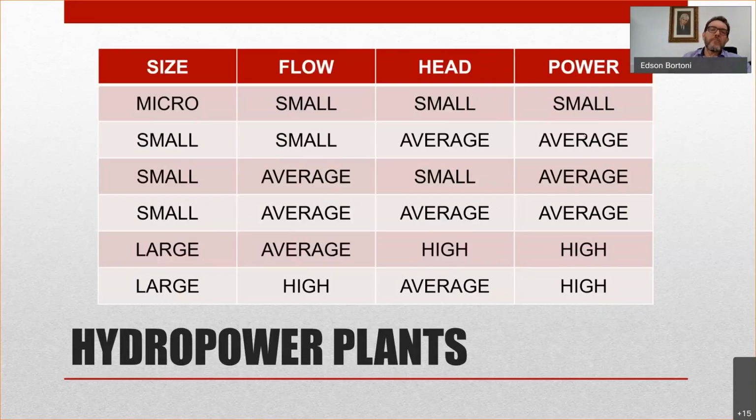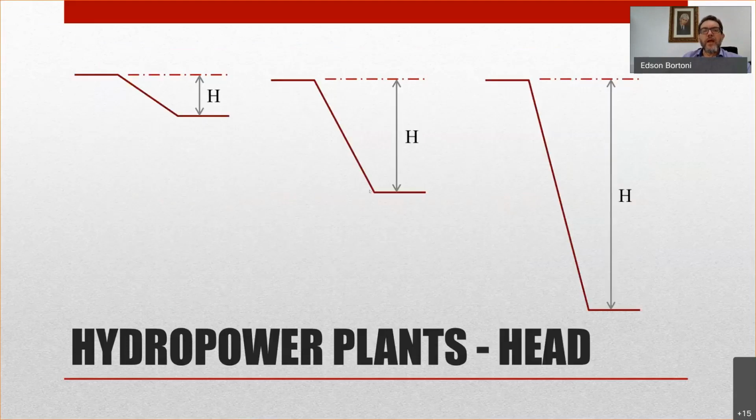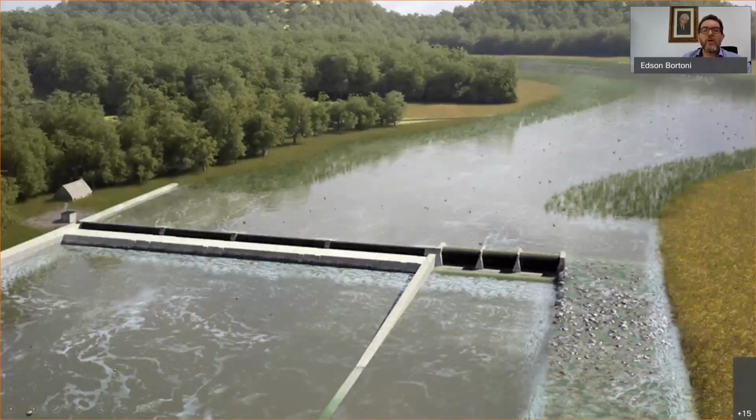You may have micro, small, and large power plants depending on how small or high the head and flow are. So you may have small head, you may have high head. This is an example of a small head application.